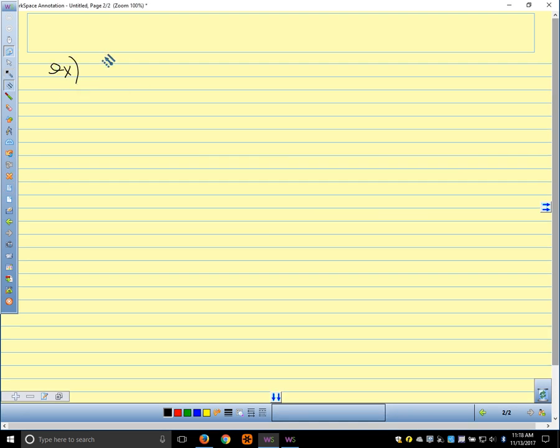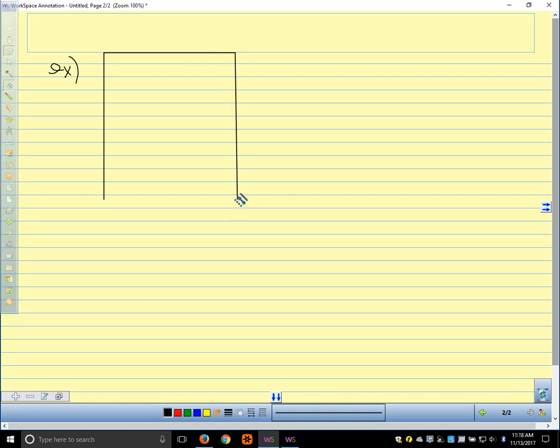So here's our picture for the first one. It looks similar to the picture we just drew, just a slightly different configuration.